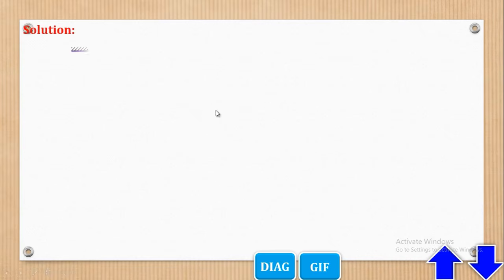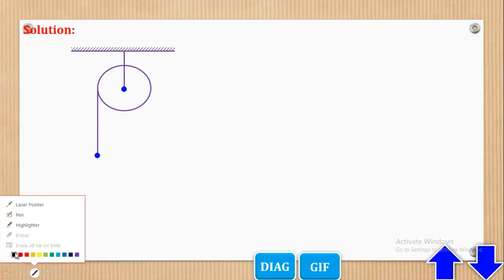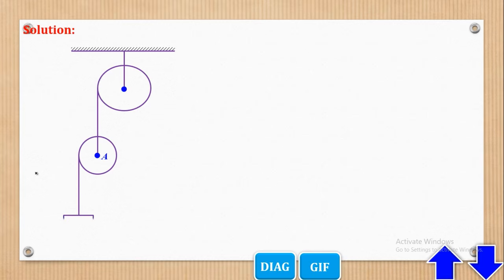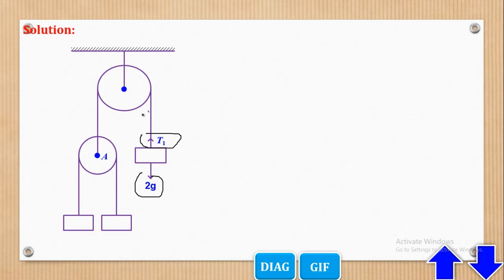So we shall begin by showing the forces. So let's first redraw the diagram so that we can show the forces acting on each particle. So we shall begin with the weight. So this is 2G downwards. Here it will be tension upwards, tension downwards. Then here to be 0.5G downwards.